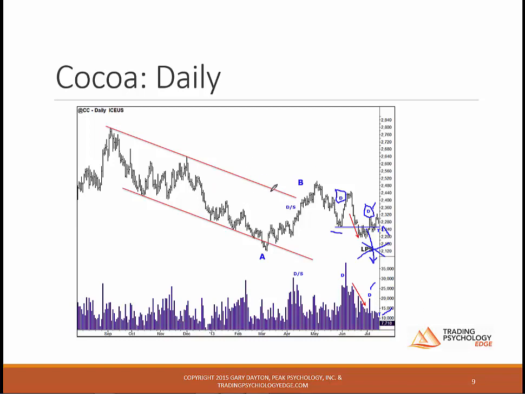So this is our sign of strength, and this is our reaction back after the sign of strength, that we see the last point of support begin to occur in here, where the supply is no longer driving the market down, but the market is now supported. And it's just a technical term. It's called the last point of support.